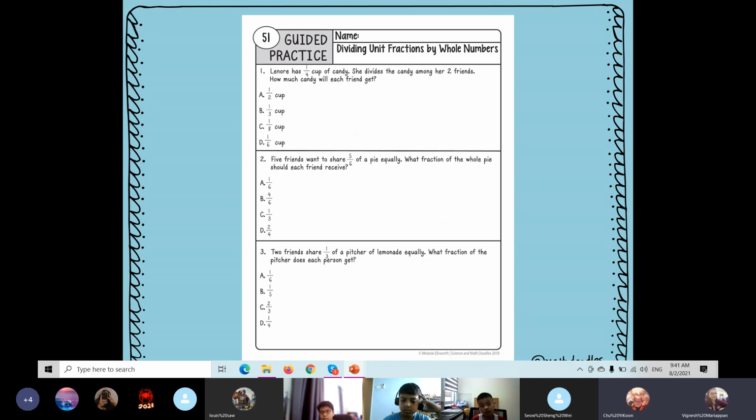So same goes to question number 1. 1 over 4 cup of candy, you need to divide with 2, correct? Yes, teacher. Okay, so 1 over 4 divide. How to write the second fraction?